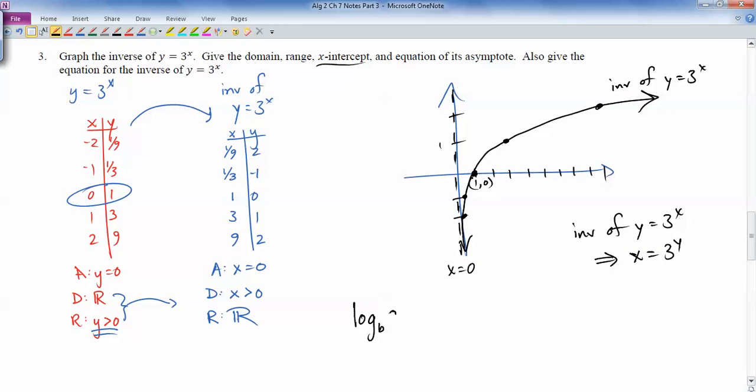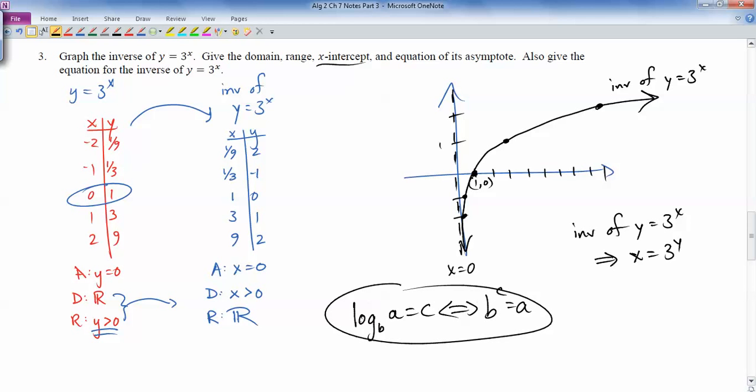Log base b of a equals c means the same thing as b to the c equals a. These mean exactly the same thing. So if I line up 3 to the y equals x, I can rearrange it into my log form. So this is going to turn into log base 3 of x equals y, and there's the inverse of this.